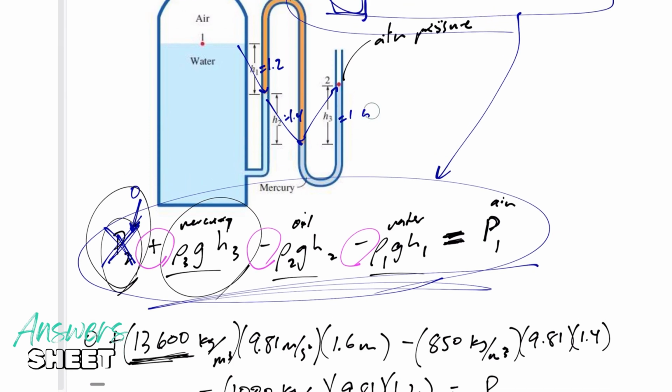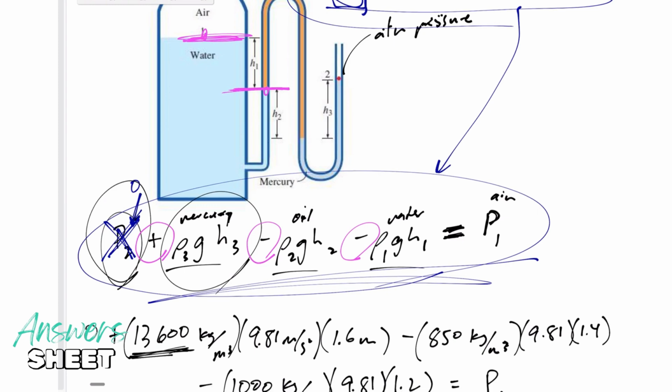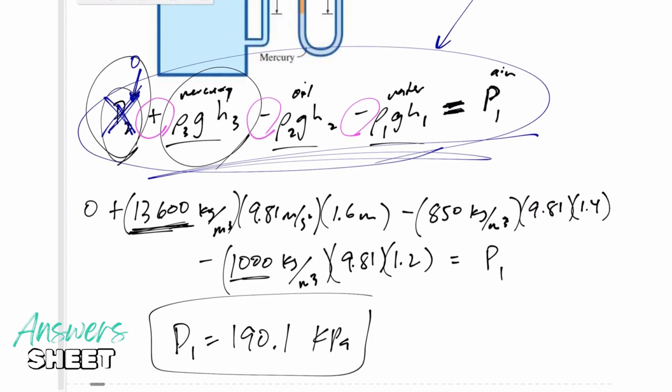Also, sometimes I feel like a lot of my students use the wrong H. Just look and be careful and look at where you're going from, the two locations you're going from. Make sure you use the correct H for going from the end of one to the beginning of the next. Okay, but I think that's a good refresher to get ready for problem number 1 on the test.